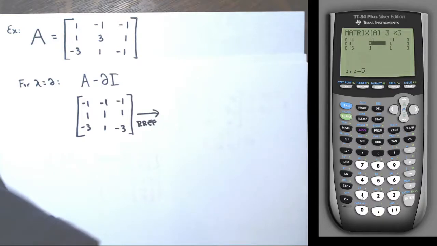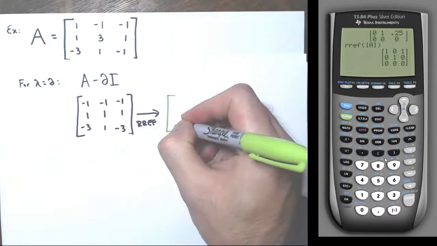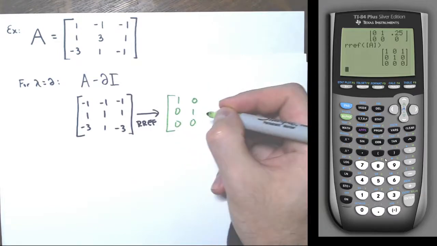Second row, second column is 1 now. And then -3 for the third row, third column. I've already entered reduced row echelon form last time, so I just do it again. There we go. And we're getting this matrix with 1, 0, 0, 0, 1, 0, and 1, 0, 0.